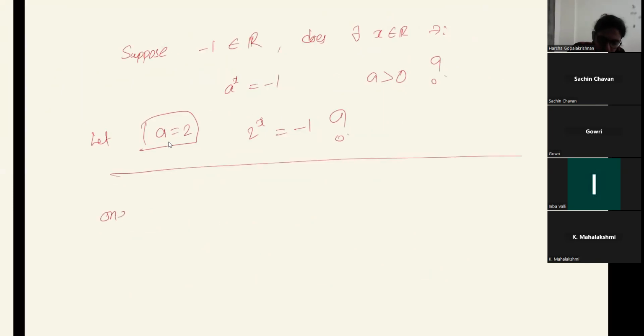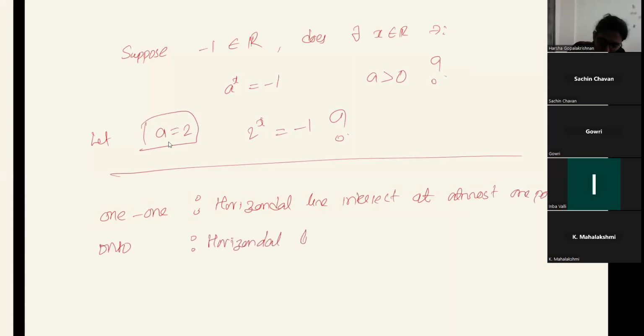So one-one means a horizontal line intersects at most one point, and onto means a horizontal line intersects at least one point.